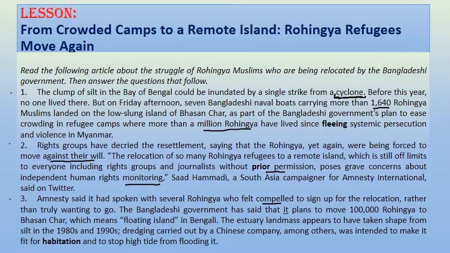The estuary landmass appears to have taken shape from silt in the 1980s and 1990s. Dredging carried out by a Chinese company, among others, was intended to make it fit for habitation and to stop high tide from flooding it. So it's not even a natural island.